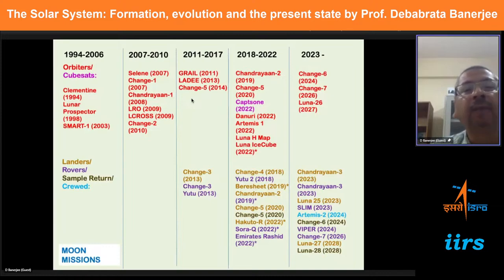And then you have a series of missions. You have an impactor, then you have other orbiter missions which are running, and you know that you have Chandrayaan-2 there, and then you have Chandrayaan-3, which is the Chandrayaan-3 lander, and then the rover, which we will hear from very soon, in about 3.5 weeks' time.